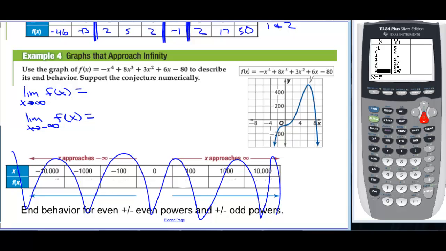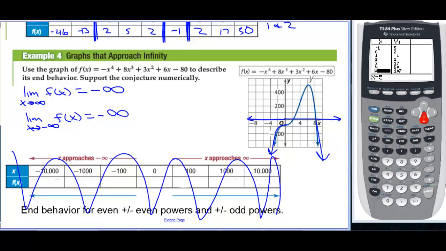So how does this function end as x gets really, really big? If this is the graph, as x gets really big, y is getting really negative. So this function on the right-hand side is going down to -infinity. That's what the arrow suggests. Then, as we go to the left, as x gets really, really negative, y is also getting really, really negative.